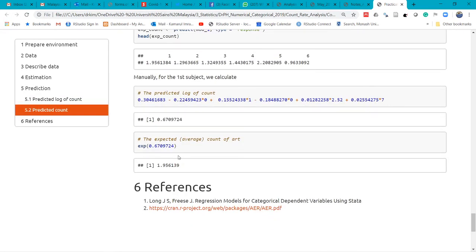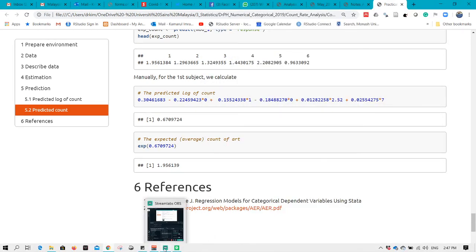And then get the predicted log of count, and then exponentiate this number, and you'll get what we call the expected number of articles.